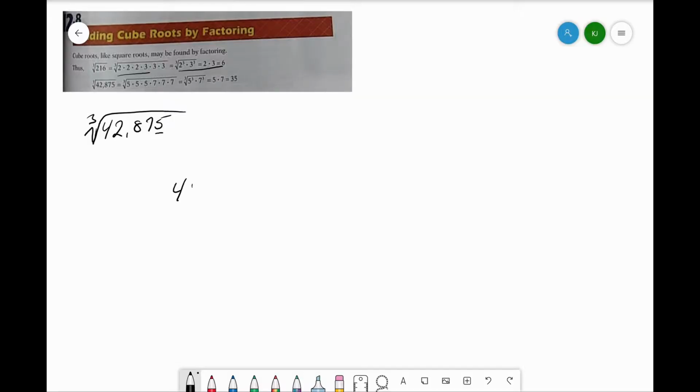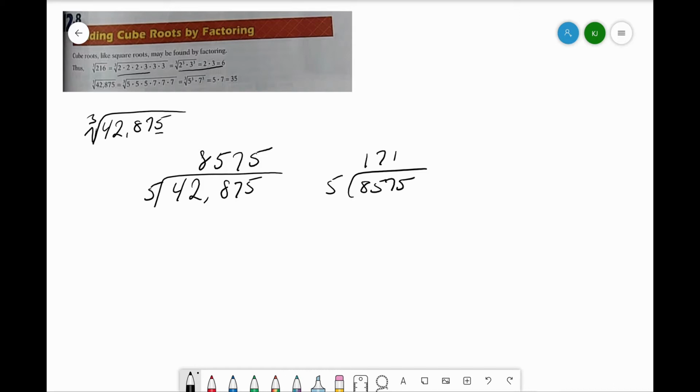So 42,875 divided by 5 is going to be 8,575, and then 5 goes into 8,575 1,715 times, then 343, and we can see that at 343 it's no longer divisible by 5, so we're going to have to use a different number again.